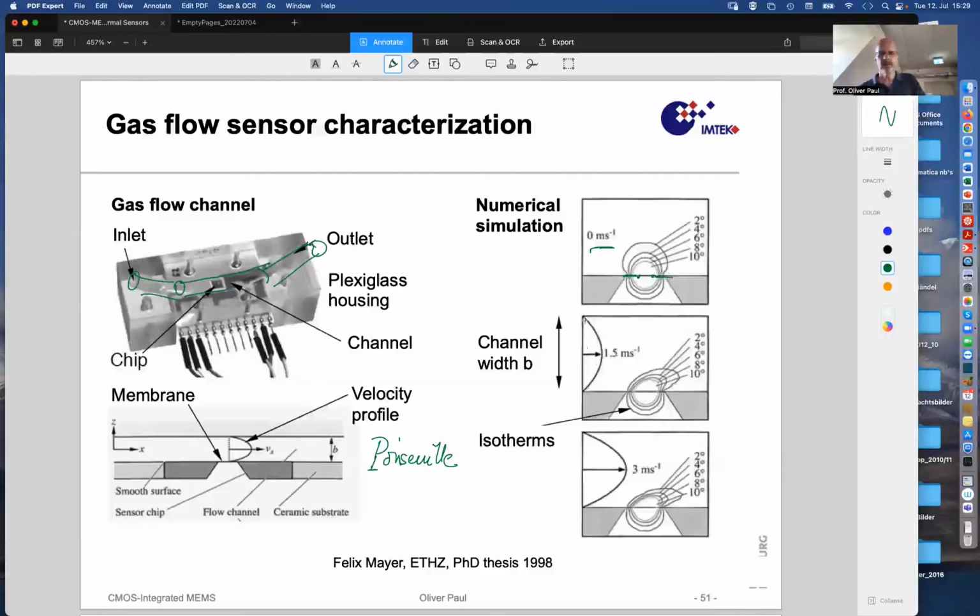When the flow is now sent over that structure, the flow profile is distorted, and one has a less heated and a more heated point here, and that temperature difference is what is measured, as you know now. This was just to visualize the thermal situation in this flow channel.